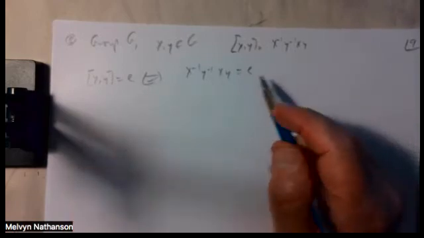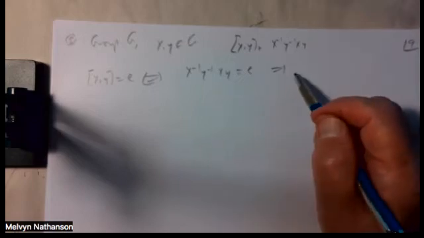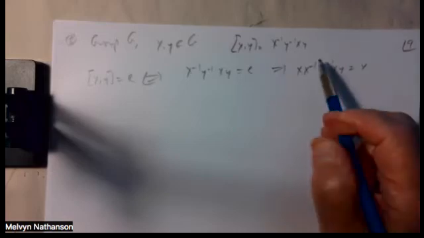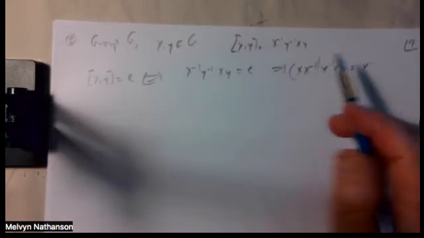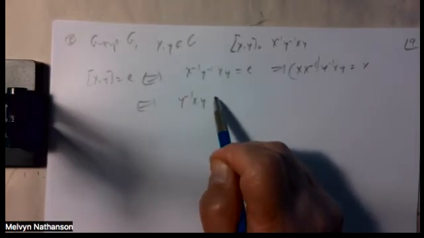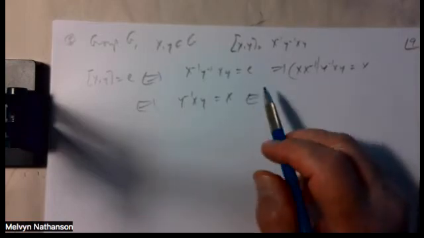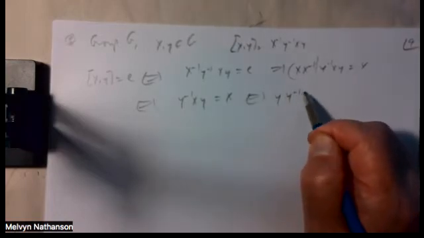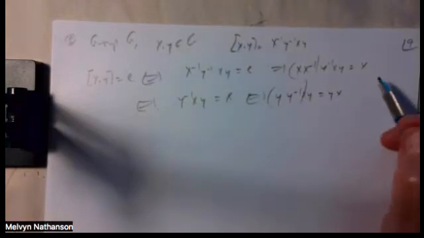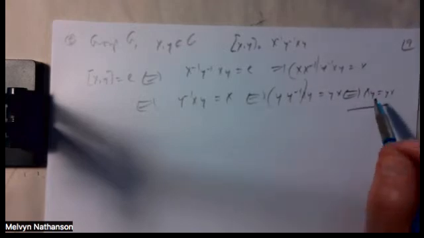If I multiply both sides by X, I get X inverse, Y inverse, XY equals X. But X inverse X is the identity. So that just says Y inverse XY equals X. If I multiply both sides again on the left by Y, I get XY equals YX.